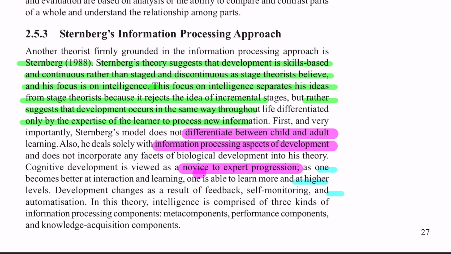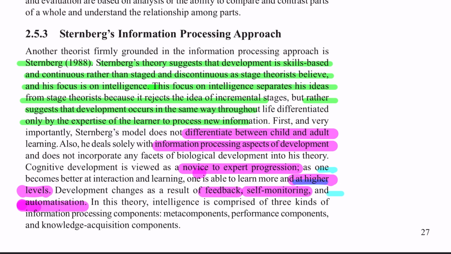As one becomes better at interaction and learning, one is able to learn more at a higher level. So you go from a lower level to a higher level. Developmental change is a result of feedback. And why do developmental changes happen? We get feedback from others, we self monitor, we monitor ourselves, and gradually automatization happens.